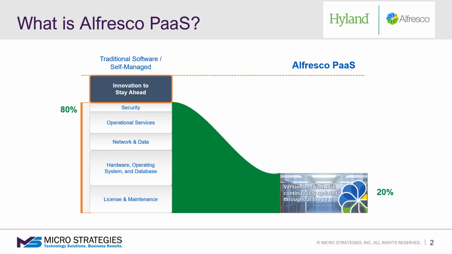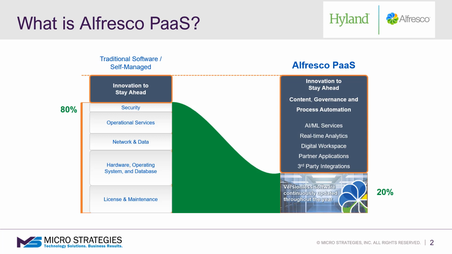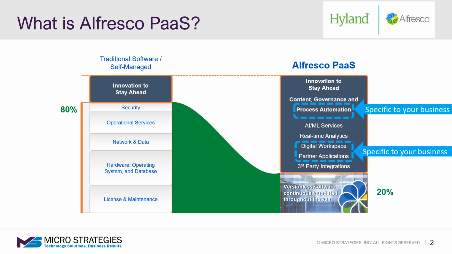With Alfresco PaaS, you've got the same great capabilities of Alfresco, but now only 20% of your time is spent on infrastructure and 80% is spent on innovation, allowing you to provide the best digital workspace for your clients, allowing you to take full advantage of process automation or workflow to build the best solution for your clients. The key is to spend less time on infrastructure and all your time on innovation, keeping your clients competitive.